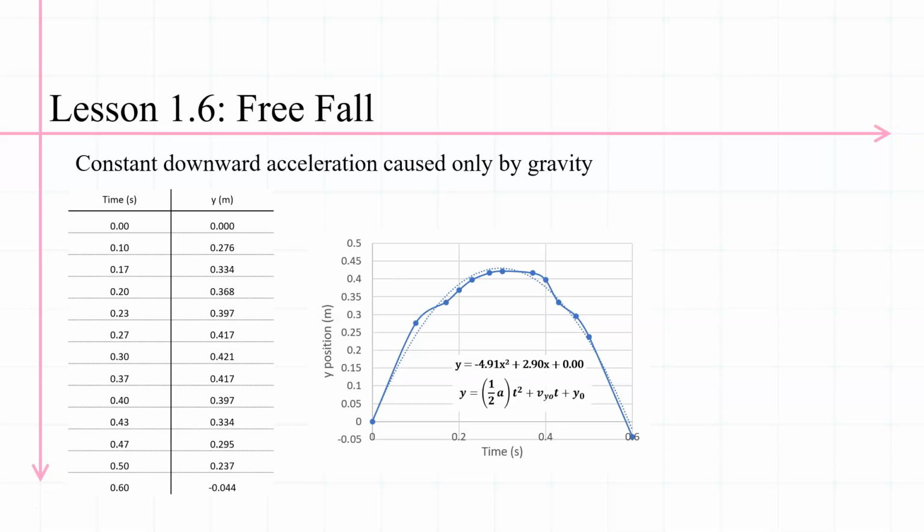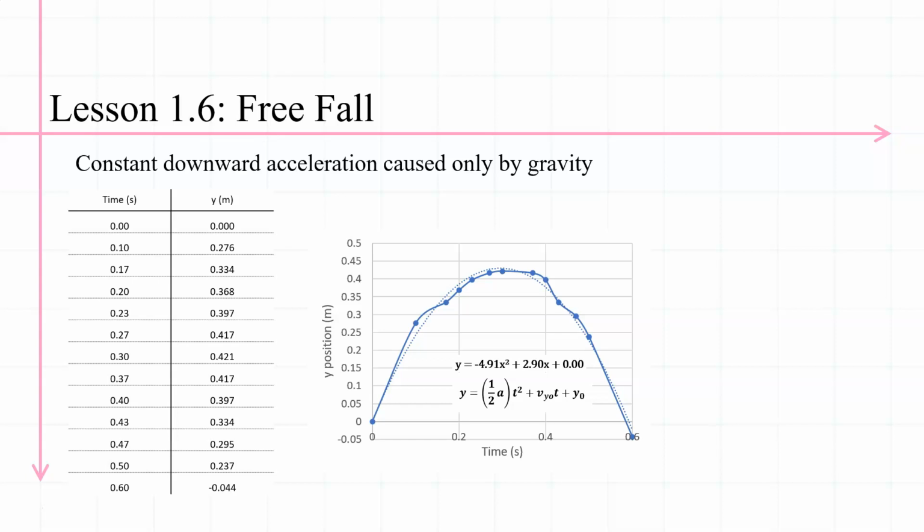Here's my general equation from the kinematics equations for position time with constant acceleration. I'm just noting that 1/2 a, which is attached to the t squared value, corresponds to negative 4.91, which is on the x squared value in the equation for this parabola.